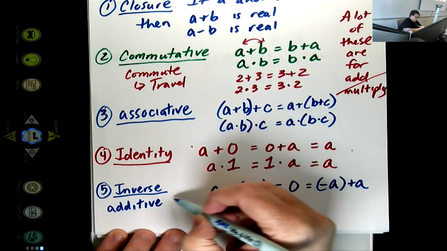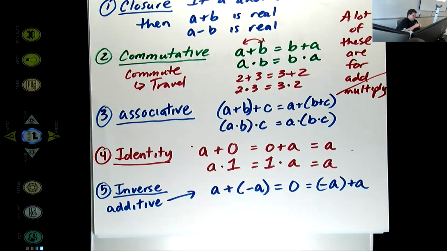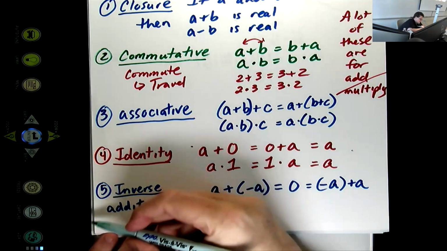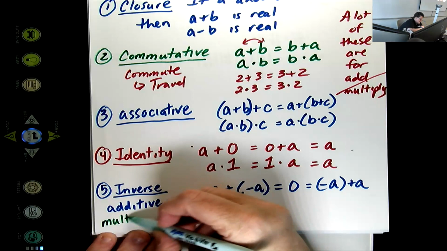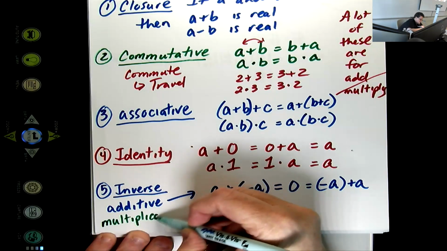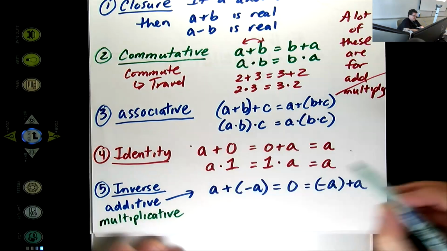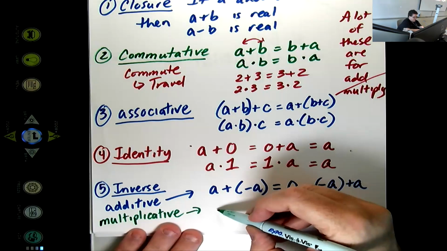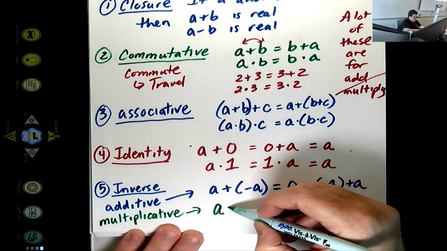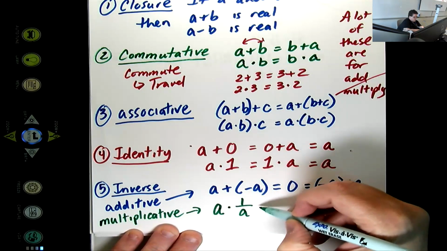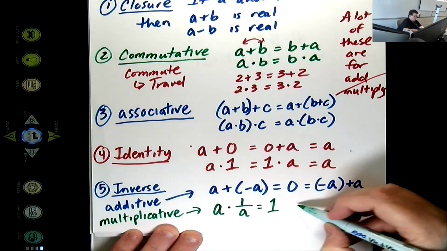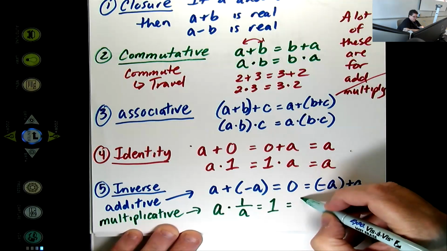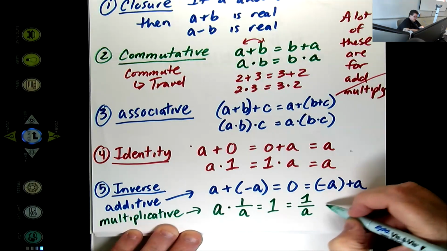And just so you see how it's spelled out, because it sounds funny, multiplicative. Looks like multiplication, but it has an IVE. The multiplicative inverse is A times 1 over A equals 1. Or I can do the 1 over A first and multiply by A.